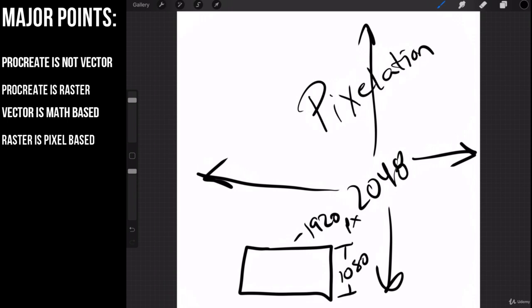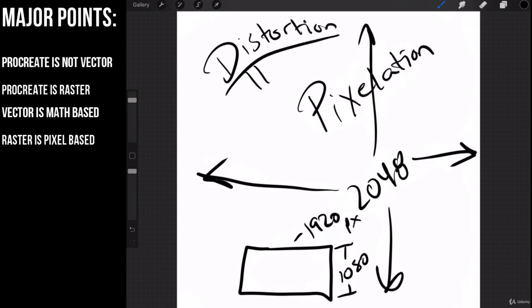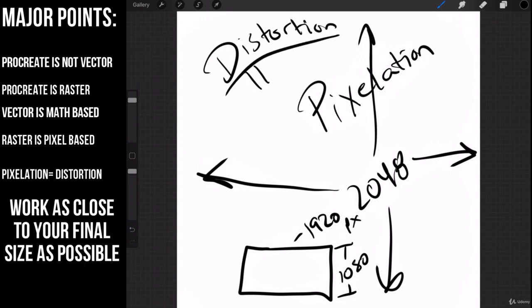But now, if you decide to blow this thing up to like 6 feet by 6 feet, you're going to have a lot more pixels per square inch, right? So that will distort. So a pixel-based image is prone to distortion. Okay, that is the big deal with all raster or pixel-based images.